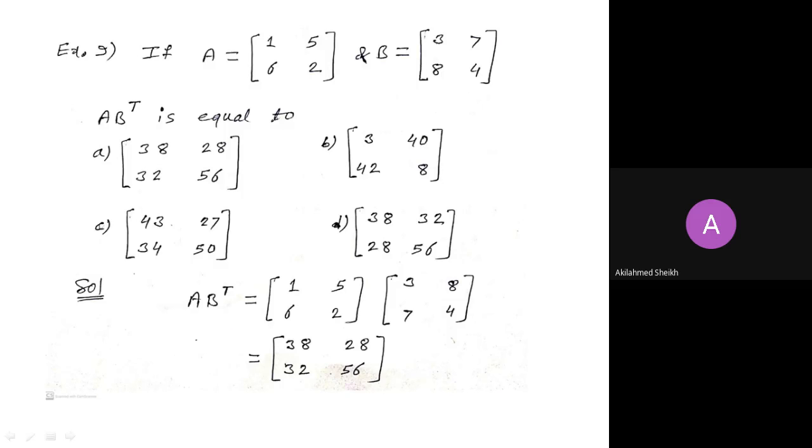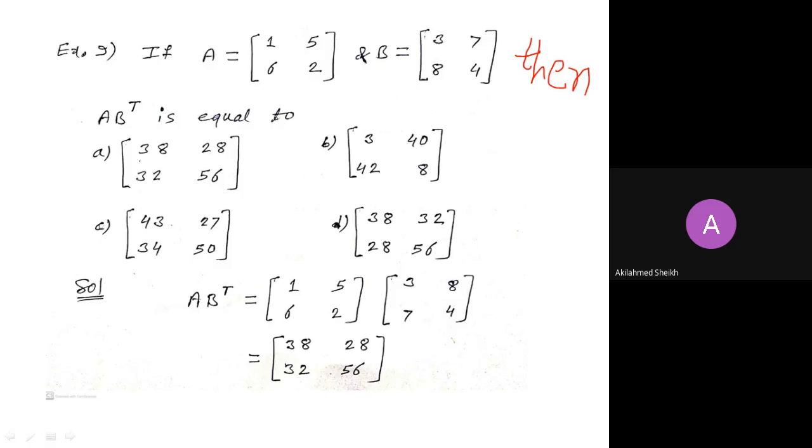Next example here, if A equals [[1,5],[6,2]] and B equals [[3,7],[8,4]], then find AB transpose.